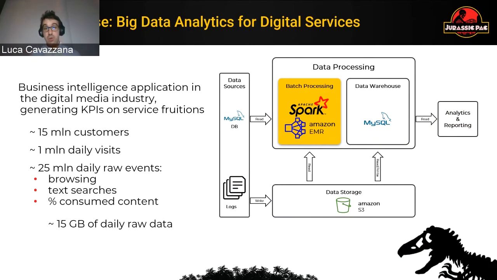We have this Spark component, which is part of a broader framework, this warehousing solution that analyzes the KPIs, the performance of digital services, gathering the raw data generated by user actions, such as browsing catalog, browsing content, performing text searches, bookmarking contents, financial transactions, in order to get the KPIs that allow the marketing team to understand how the business is going.